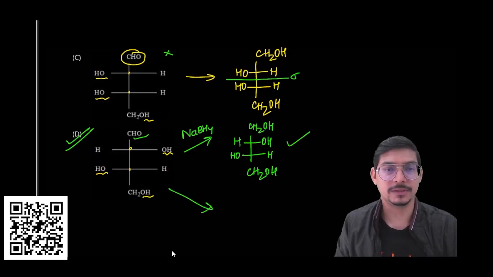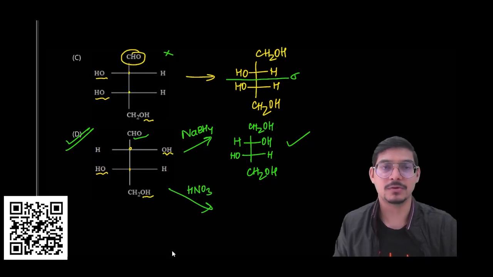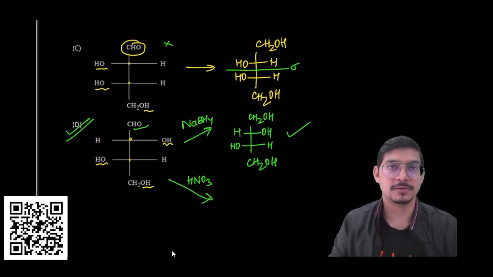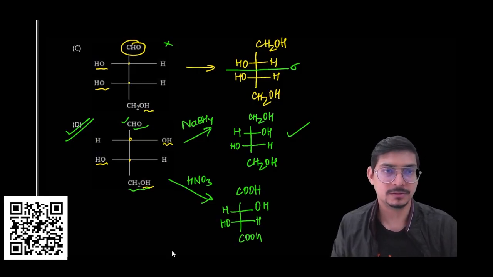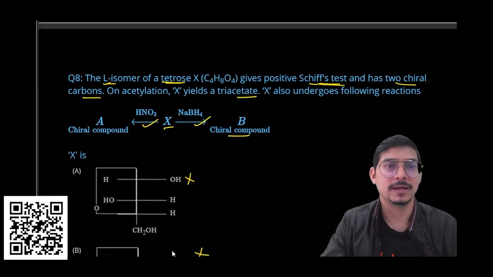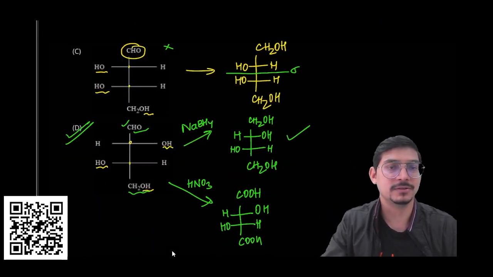And also when we react it with nitric acid, which is a strong oxidizing agent, it oxidizes not only this CHO carbon to the corresponding carboxylic group, but also this primary alcohol. And when both C1 and C4 are oxidized to carboxylic acids, even then this compound is chiral because once again, it does not have a plane of symmetry. So option D satisfies all the given conditions and hence it must be the correct answer to this question.